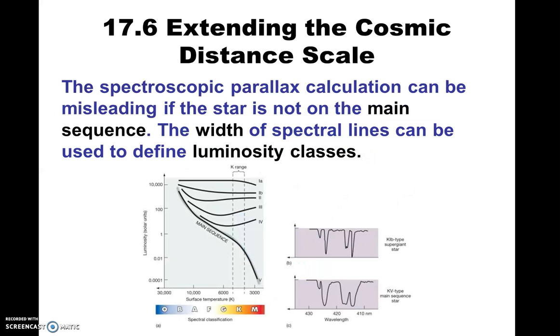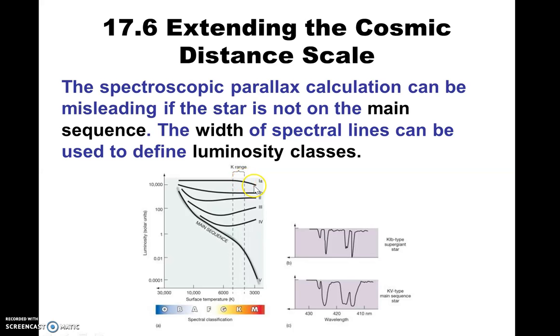All right, so this is extended. Now the thing is, I think I mentioned this earlier, that we have to be able to distinguish whether a star is on the main sequence, or it's one of the giant stars, or even supergiant stars, like it's up here.